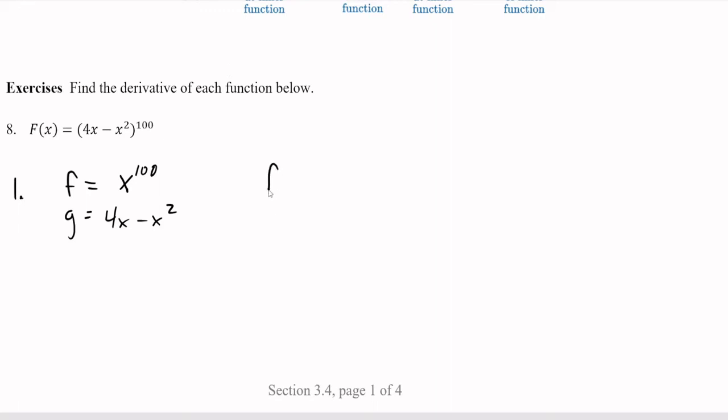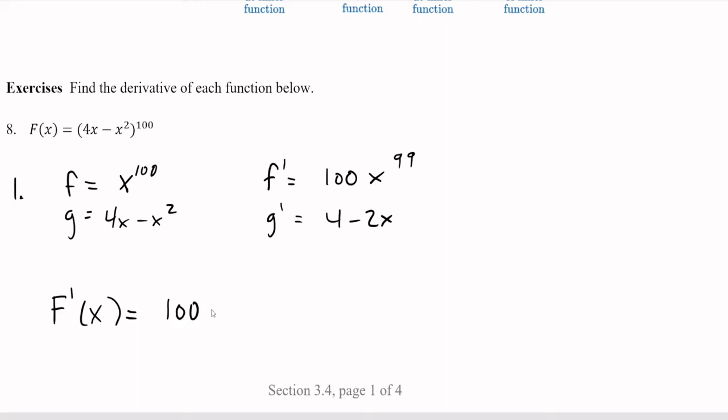Okay, so we're going to need f prime, which is 100x to the 99. And we're going to need g prime, which is 4 minus 2x. And then we just need to plug into the formula, like we've been doing the last few sections. The derivative of this big F composition function is going to be f prime. Now hold up.